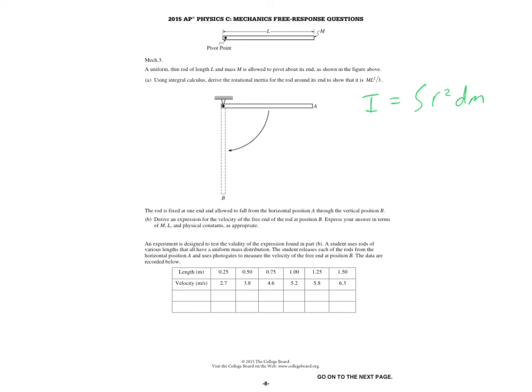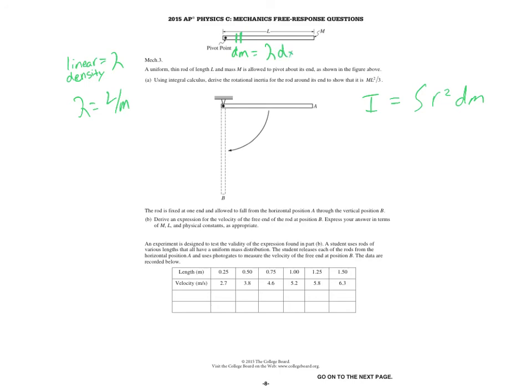And basically, what you have to do is show that you know it's a uniform rod, so the linear density, they're going to call that lambda. Lambda is going to be equal to L over M. So if you're looking for a tiny sliver of the mass, the dm, it's going to be equal to lambda dx.